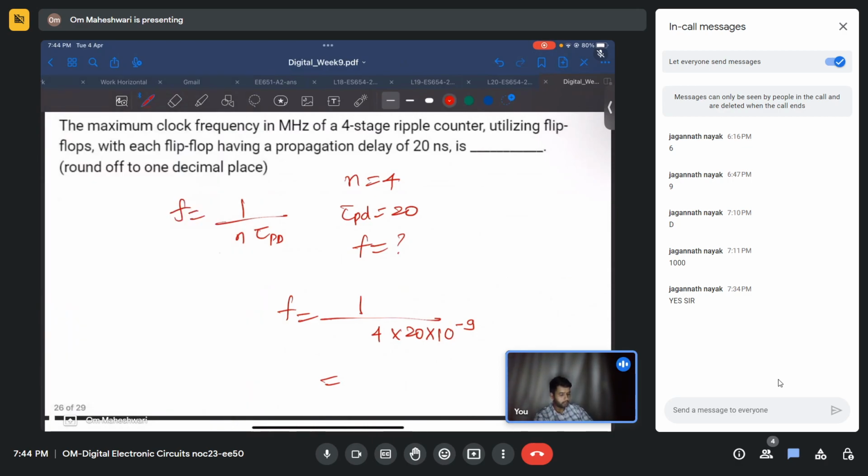So f is 1 upon 4 into 20 into 10 to the power minus 9. So it is 1 in megahertz, so 1000 upon 80 is 12.5 megahertz. This is the answer.